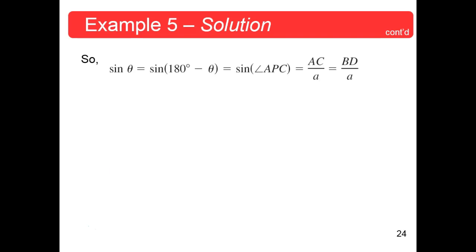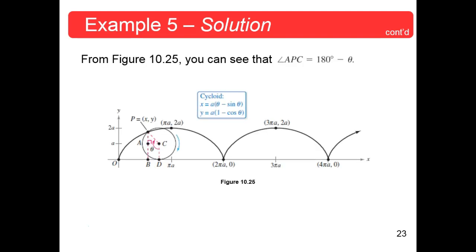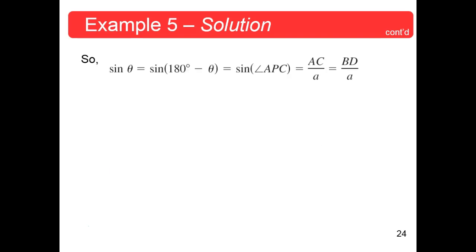And since sine of theta is equal to sine of 180 minus theta, now why is that true? Well, it's true because you're in the second quadrant, and the sine of an angle in the second quadrant is the same as the sine of the reference angle, 180 minus that.